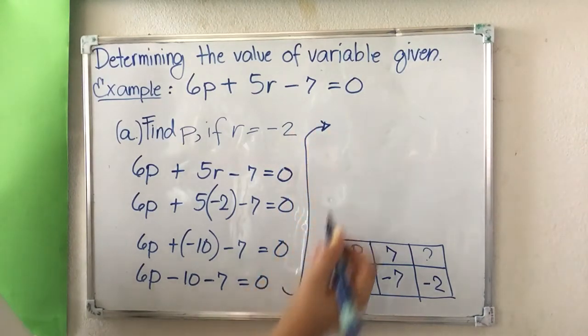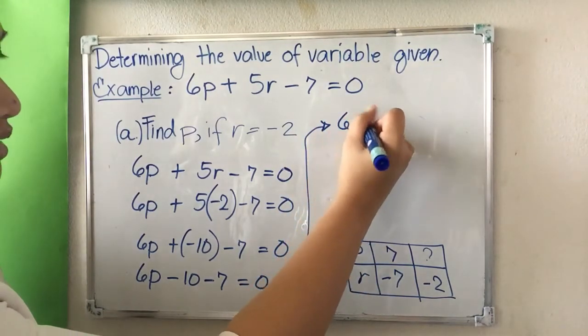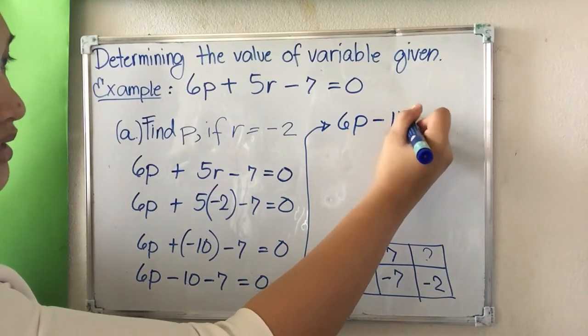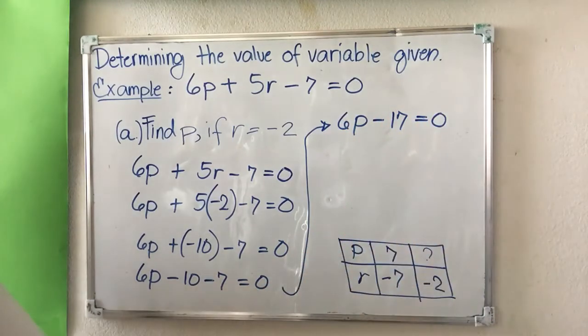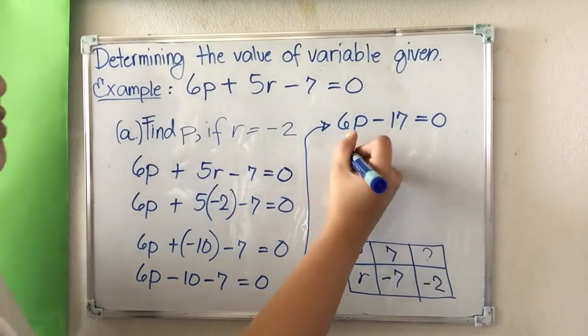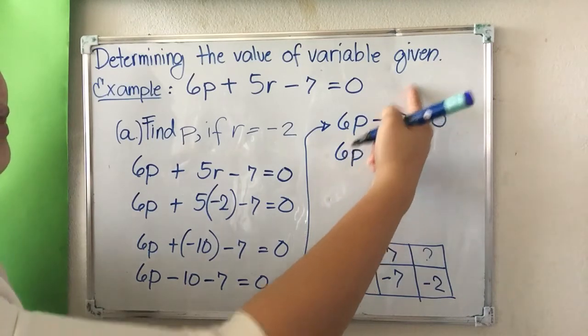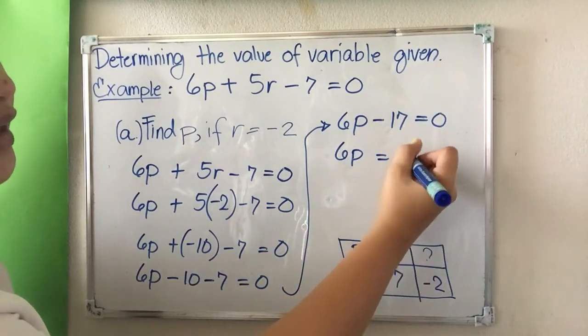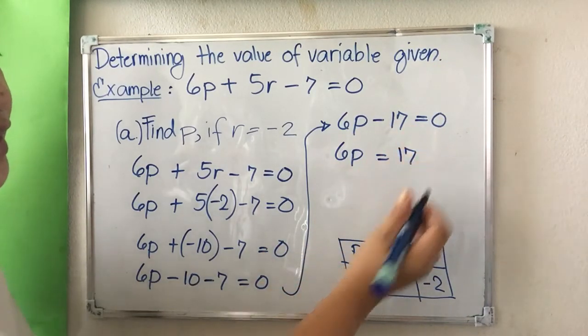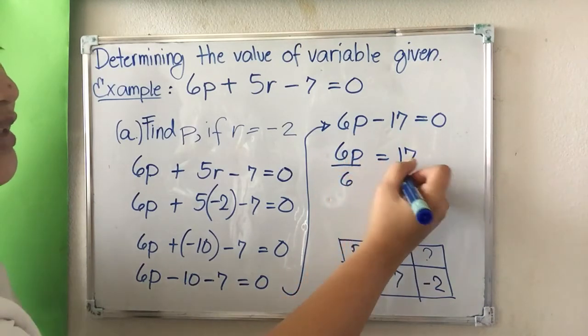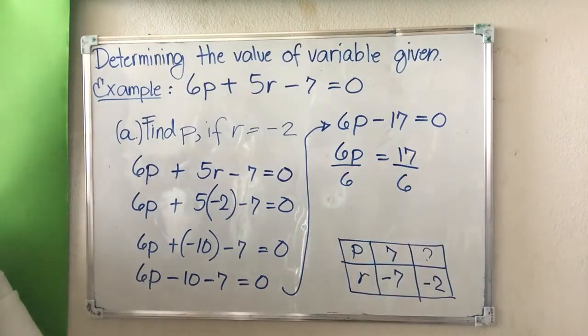So let's continue. That is 6P minus 17 is equal to 0. Now we have 6P, move negative 17 to the other side. That will become positive 17. Now divide by 6, divide by 6.